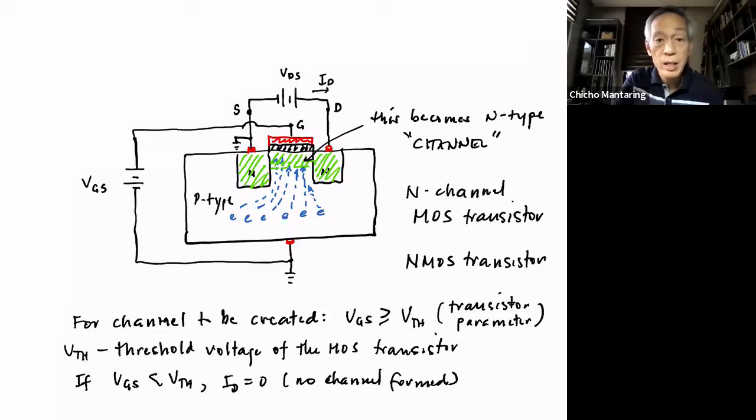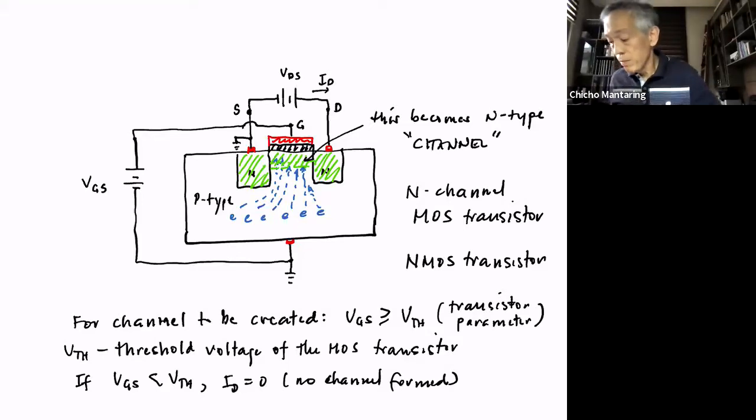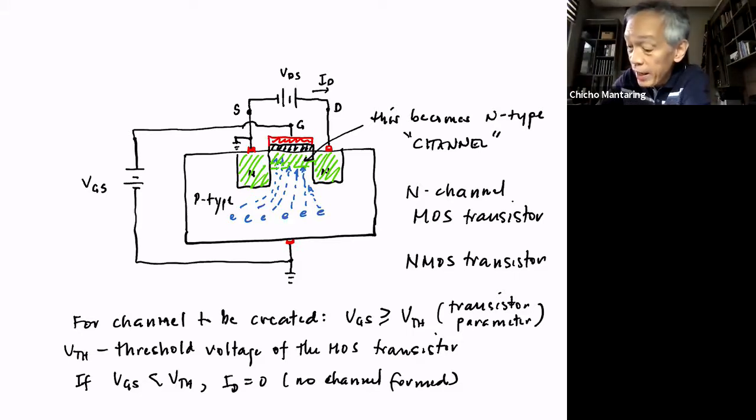Okay. So for the channel to be created, again, this VGS has to be greater than or equal to a certain threshold voltage, which we call VTH. The MOS transistor threshold voltage.